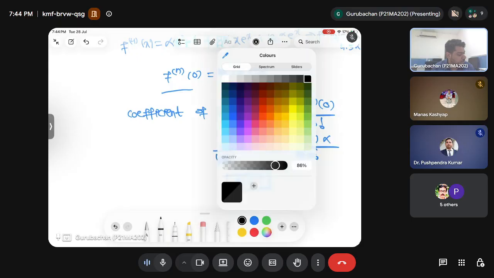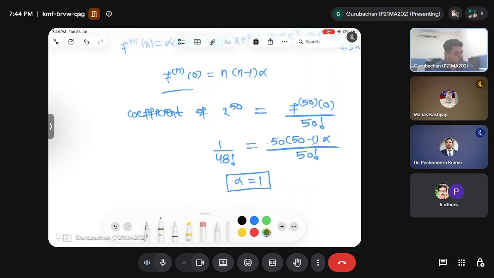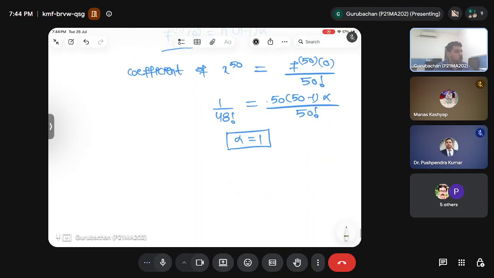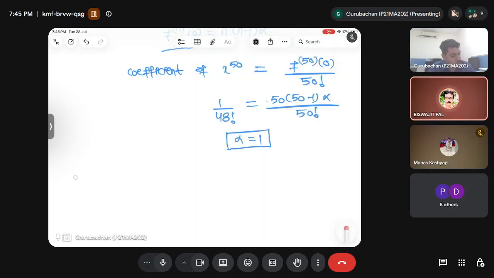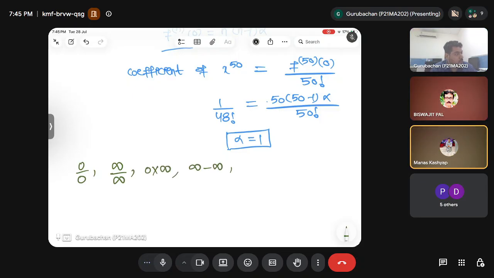Before that, let me quickly say what the indeterminate forms are. Let me write how we can recognize whether this is an indeterminate form or not. 0 by 0, is this an indeterminate form or not? Yes, it's an indeterminate form. Infinity by infinity, this is also; 0 into infinity, this is also; infinity minus infinity.